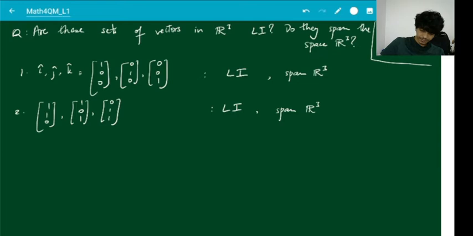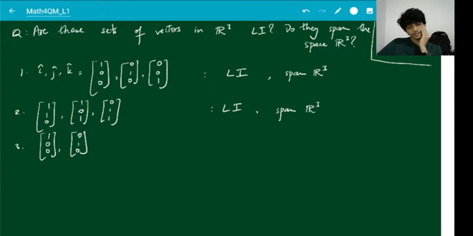What if I take this set of vectors 1, 0, 0 and 0, 1, 0? Is this set linearly independent? Yes, because you cannot write 1, 0, 0 in terms of 0, 1, 0 or vice versa. So this is linearly independent.